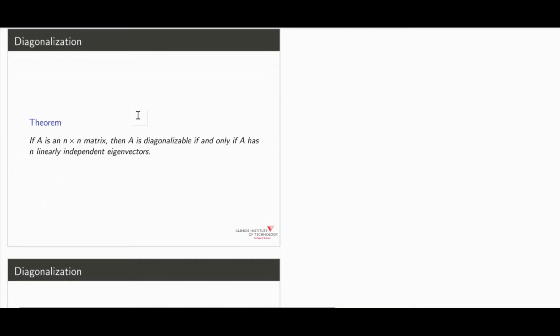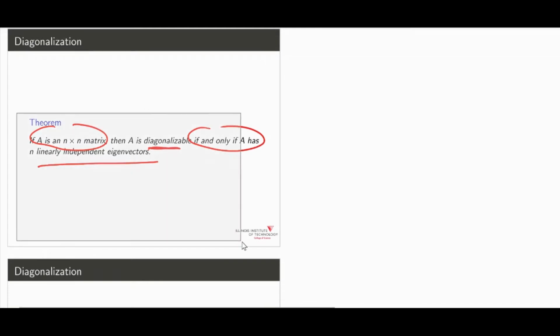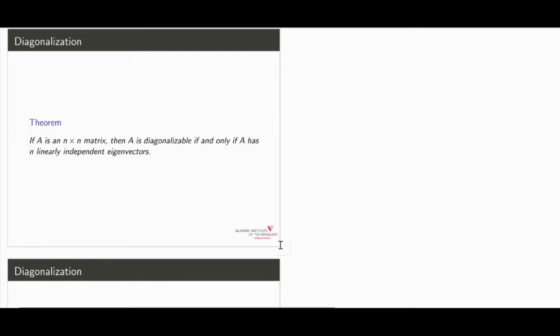It's given by this theorem, which says that A is diagonalizable if and only if A has n linearly independent eigenvectors. So the key thing for a matrix to be diagonalizable is that the matrix A has to have n linearly independent eigenvectors. Now you see the question of diagonalizability of a matrix is closely related to the eigenvalue and eigenvector problems that we saw earlier.